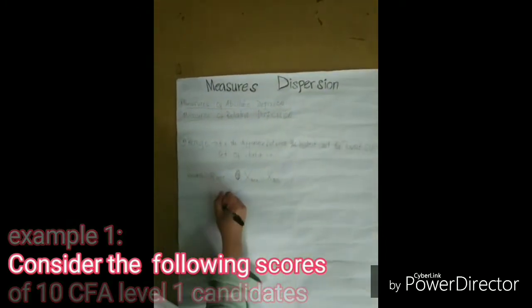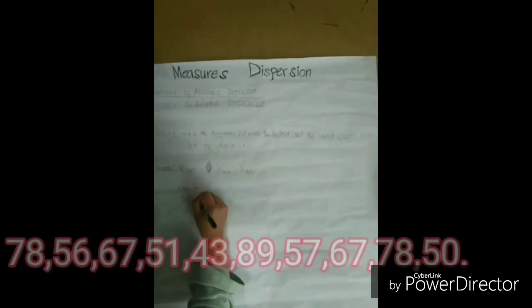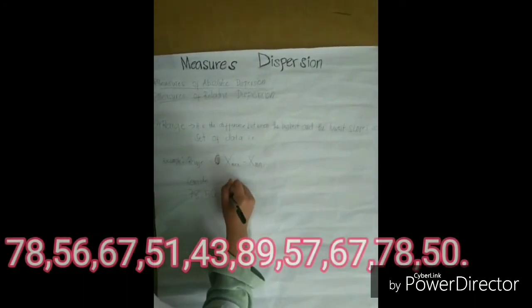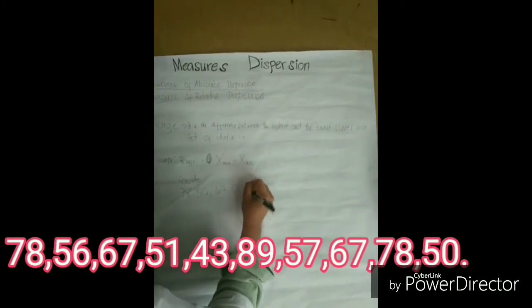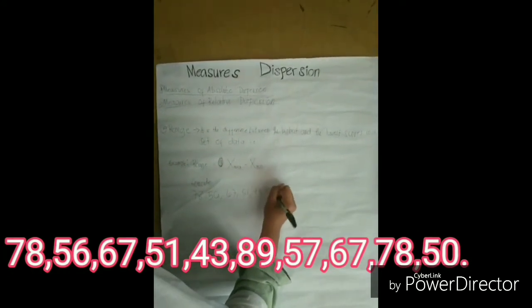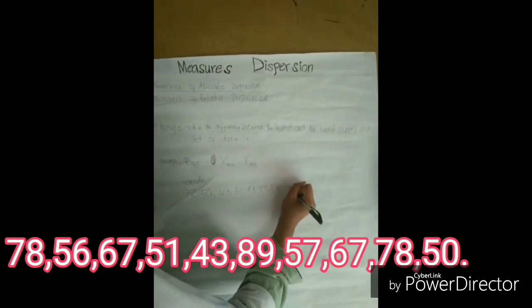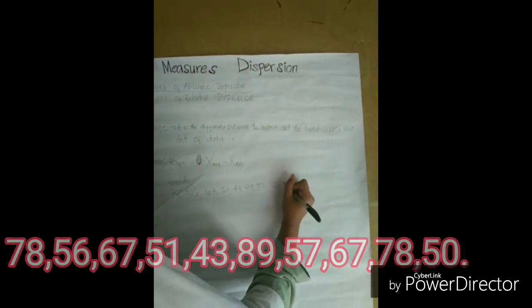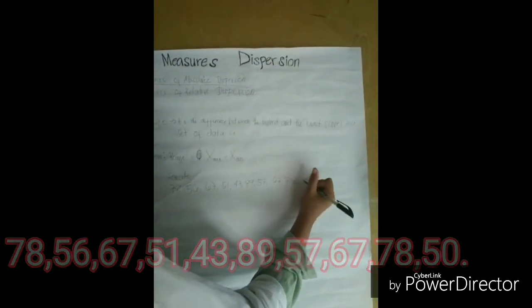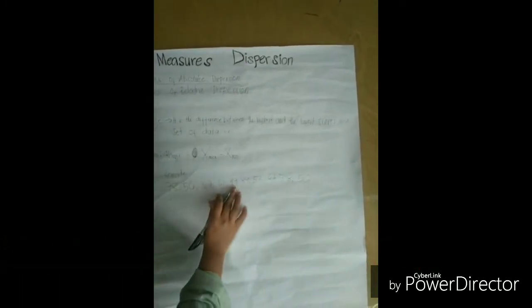The example is 78, 56, 67, 51, 43, 89, 57, 67, 78, and 50. These are our example numbers.